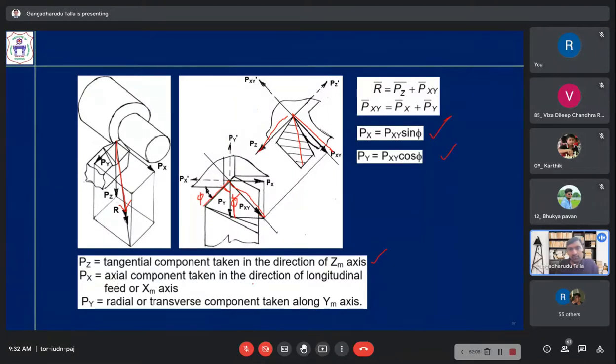Px is the axial component taken in the direction of longitudinal feed. Py is the radial or transverse component taken along the Ym direction. Sometimes you will be given Px, Py, and you have to find out Pxy, that is cutting force, and thrust force will be separately given.